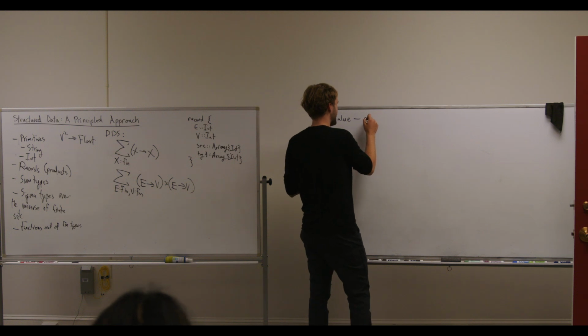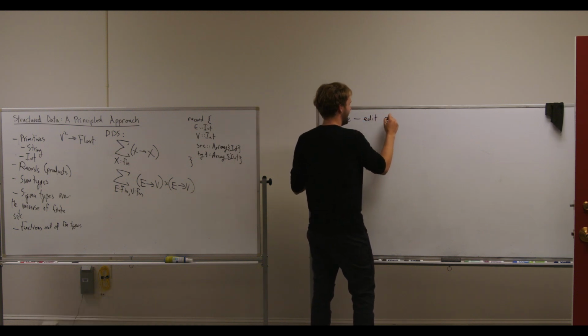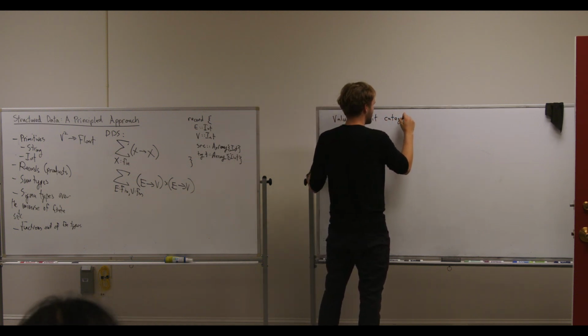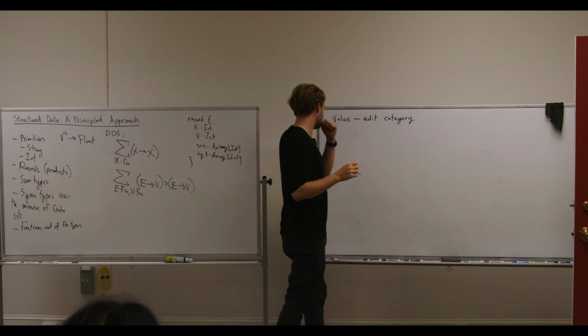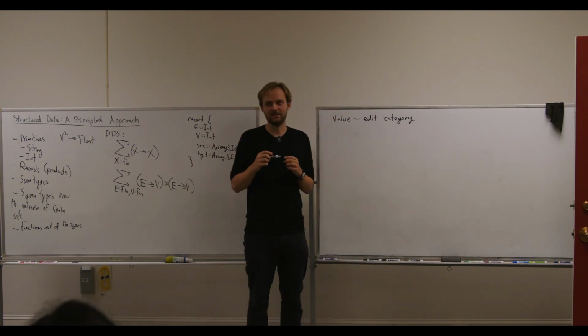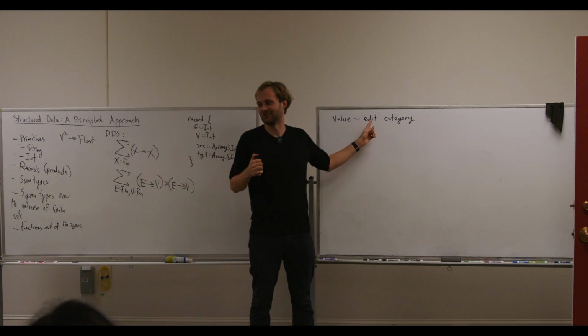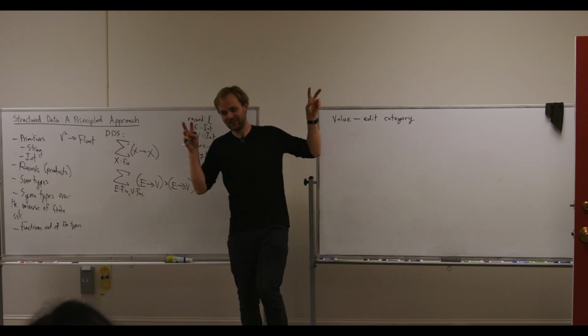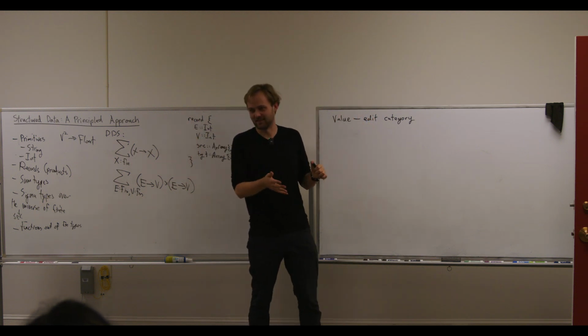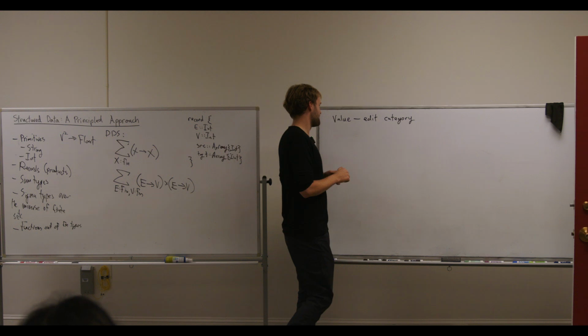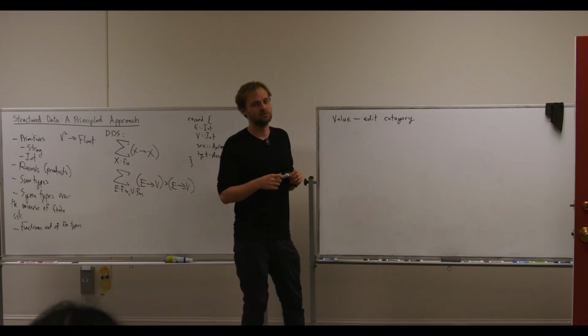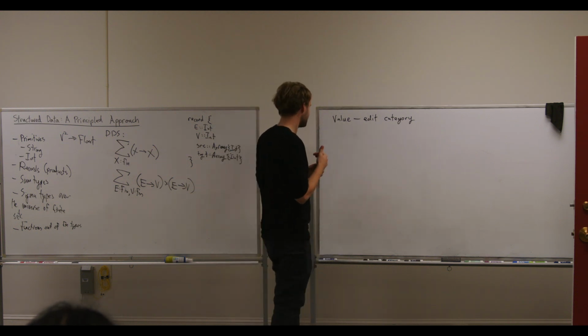So I call this a value edit category. A value edit category is a definition with an attitude. This is just a normal category, but you think of the objects as values and the morphisms as edits.